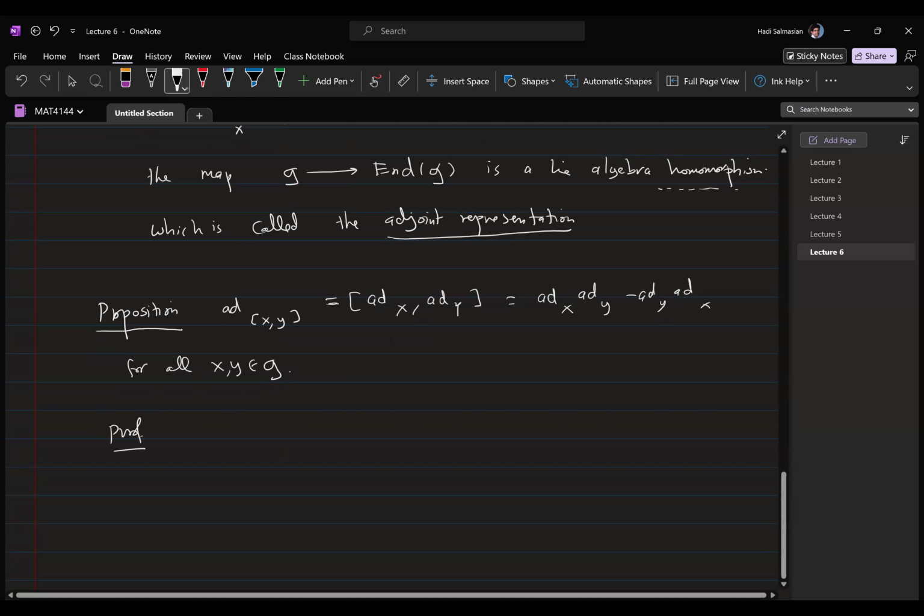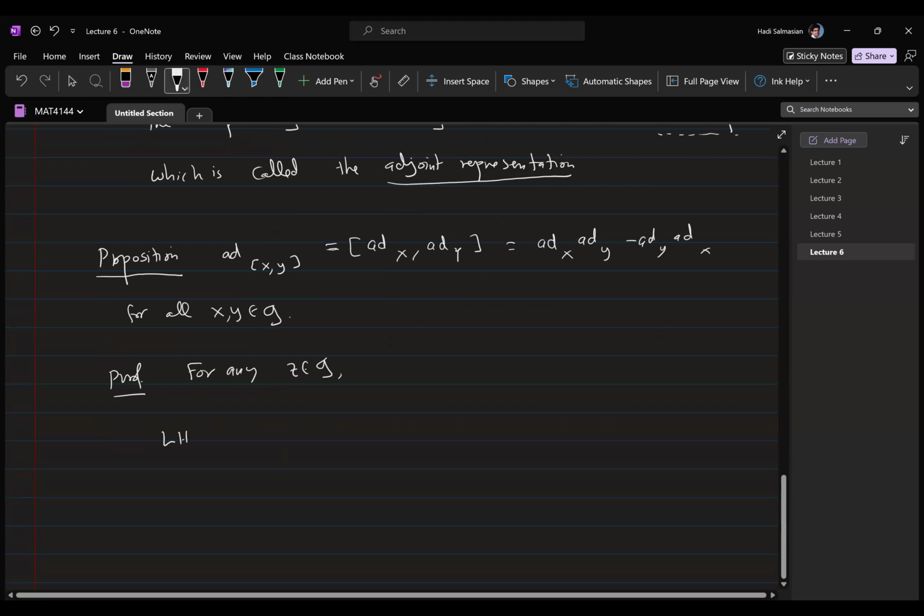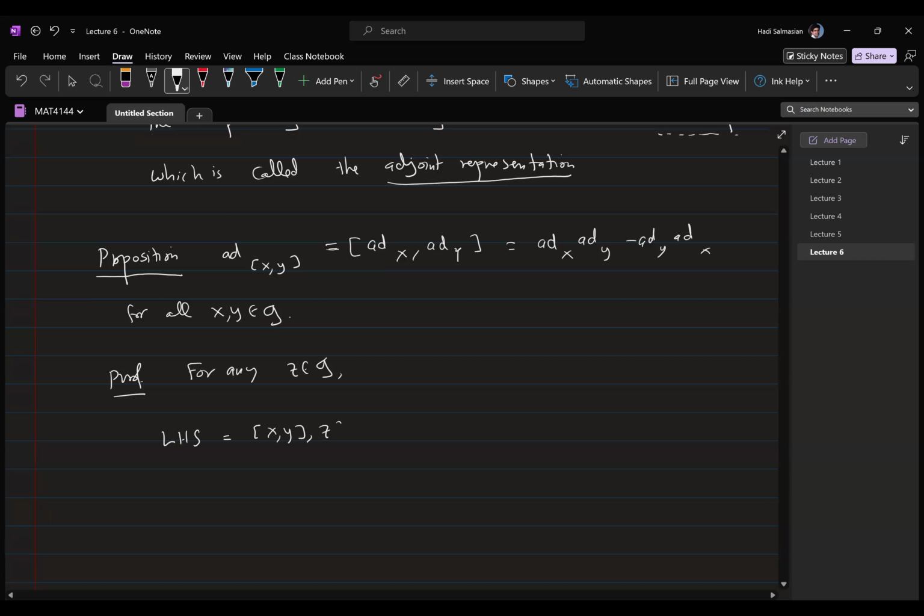So what's the left-hand side? Well, we have to evaluate it on some element. So for any z in g, the left-hand side is [[x,y],z], like this.